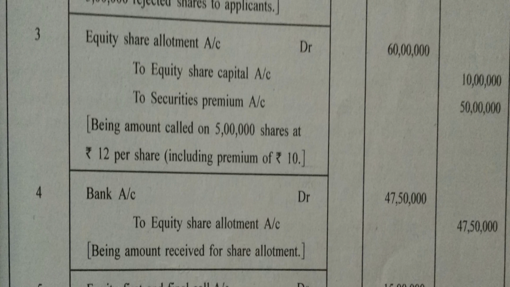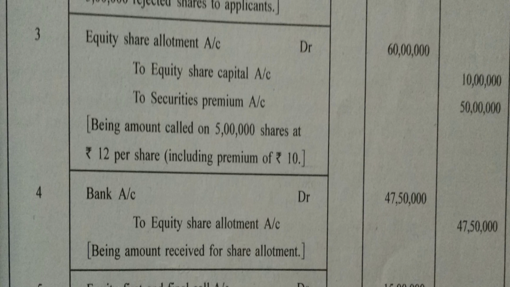So the journal entry when allotment money becomes due is: equity share allotment account debit, 5 lakh into 12, 60 lakh. Of which to equity share capital account, 5 lakh into 2, 10 lakh.